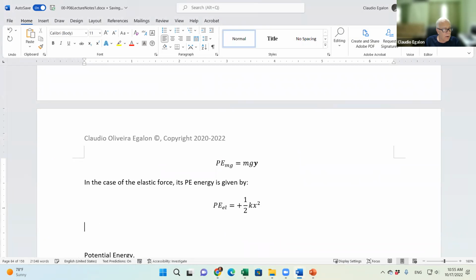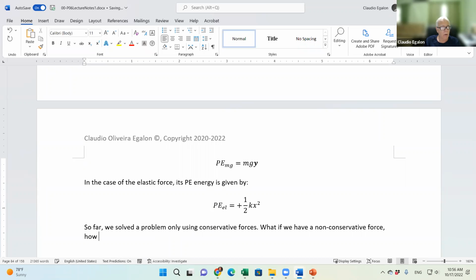So far we solved problems only using conservative forces. What if we have a non-conservative force? How do we solve our problems?